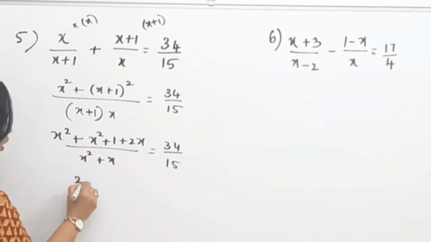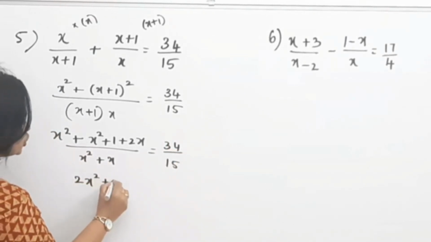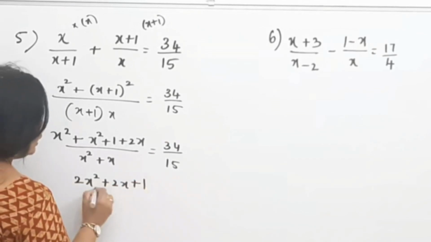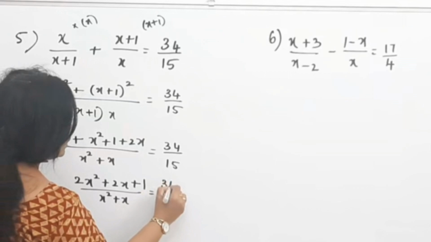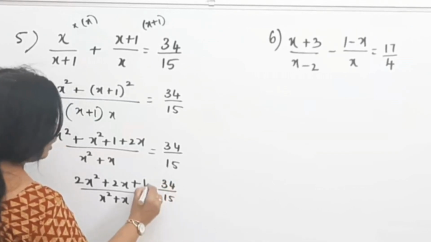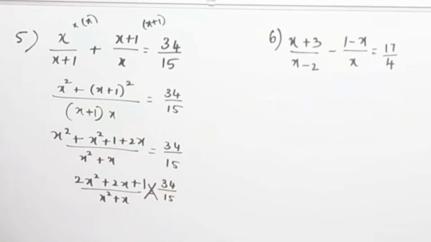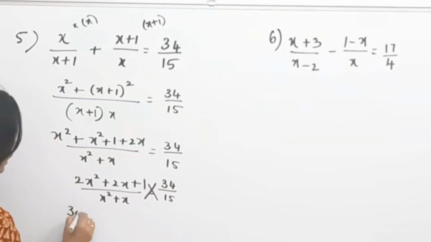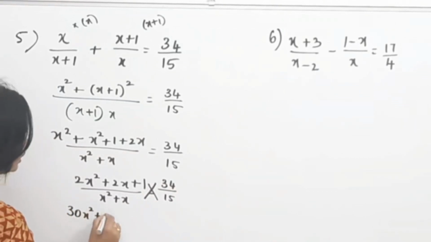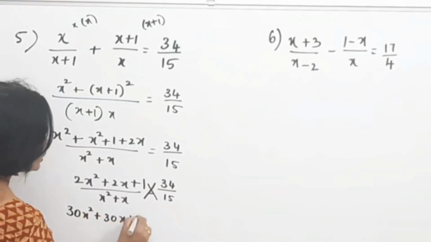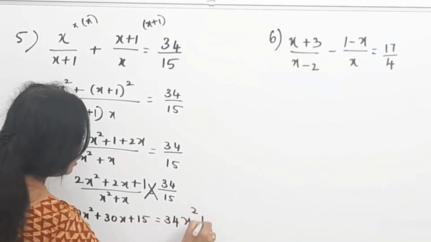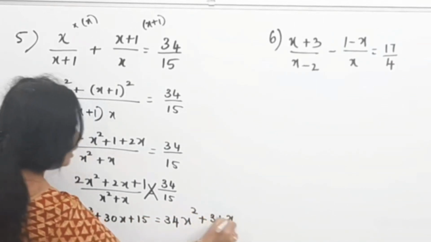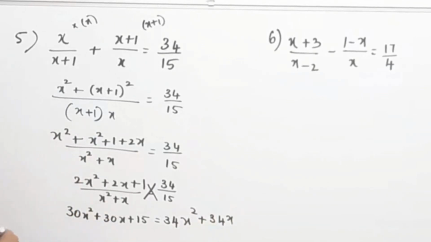Now I simplify: 2x squared plus 2x plus 1 divided by x squared plus x is equal to 34 divided by 15. Now on cross multiplication, I get 30x squared plus 30x plus 15 is equal to 34x squared plus 34x. Now I have to bring every term to one side so that I can cancel it.